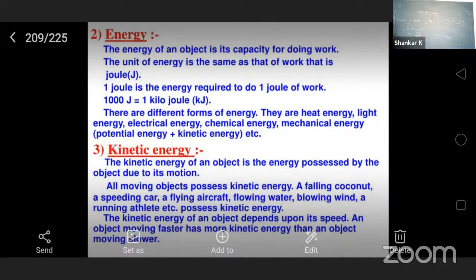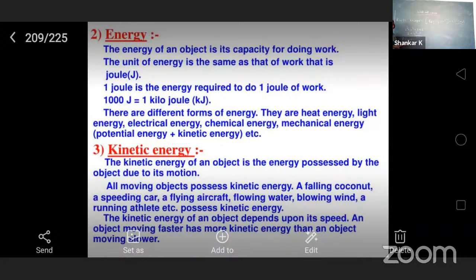Then you know that force is equal to mass into acceleration, F is equal to ma, where m is mass and a is acceleration. We consider that force is also work done, work done by the force. So we can write W is equal to F into s, where F is equal to ma.